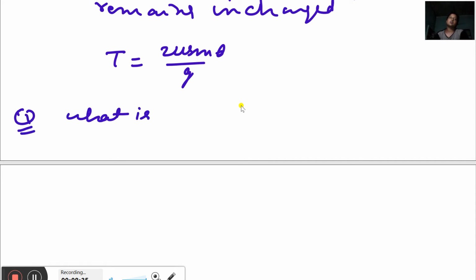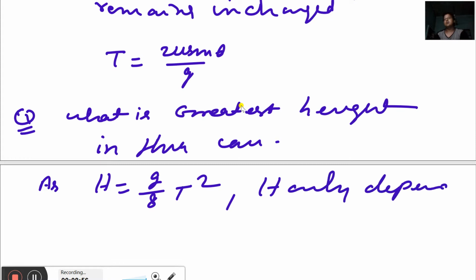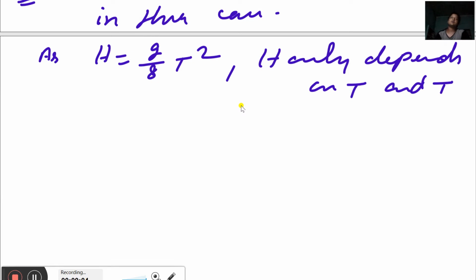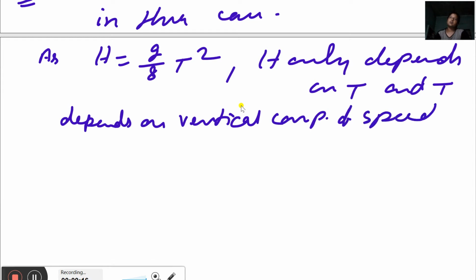What is the greatest height in this case? As H equals g over 8 into t square, H only depends on t, and t depends on the vertical component of speed.